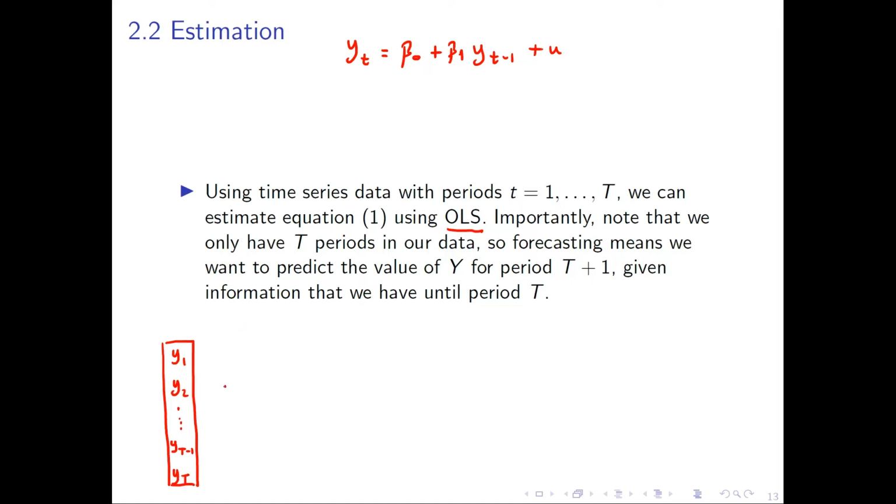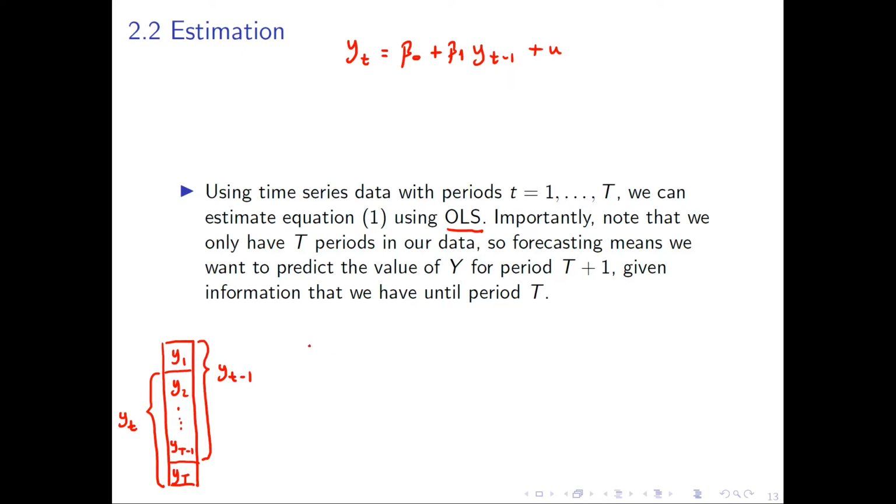And what you do is that you kind of partition the data such that these data points become the yt variable, and the lagged value would be these, the yt minus 1.